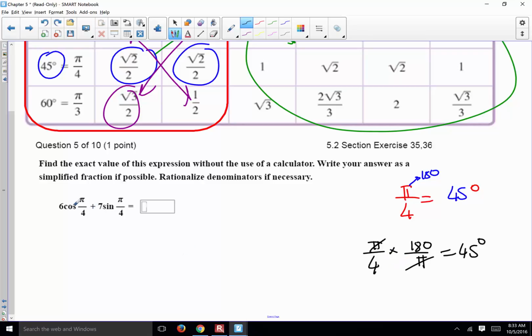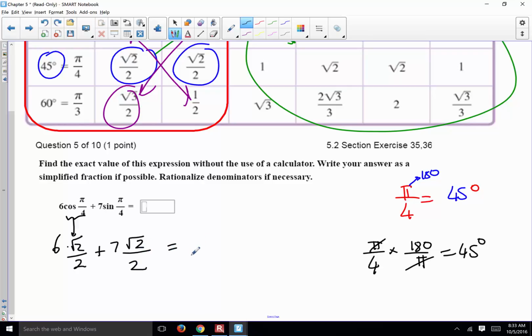So they are asking cosine 45, sine 45, first one multiplied by 6, second one multiplied by 7. What is cosine 45? What is it? Come on, it's right here. Root 2 over 2, right? Oh, what a coincidence. Sine 45 matches cosine 45, and it's root 2 over 2 as well.